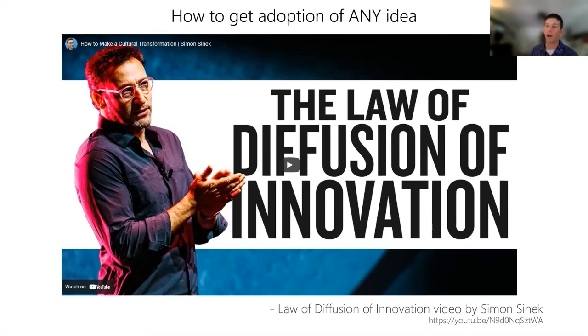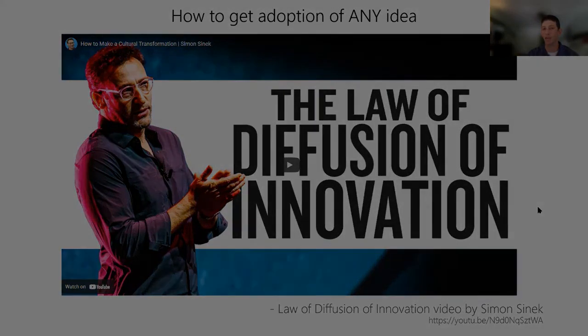So you've got to fire up and focus on your champions rather than trying to go get everybody else. I'm very big on proof of concept, crawl, walk, run, where your crawl is focused on super users, and then hype up the success of the super users. Because then all of a sudden, when your majority sees those super users creating success, they're going to want to be a part of that.